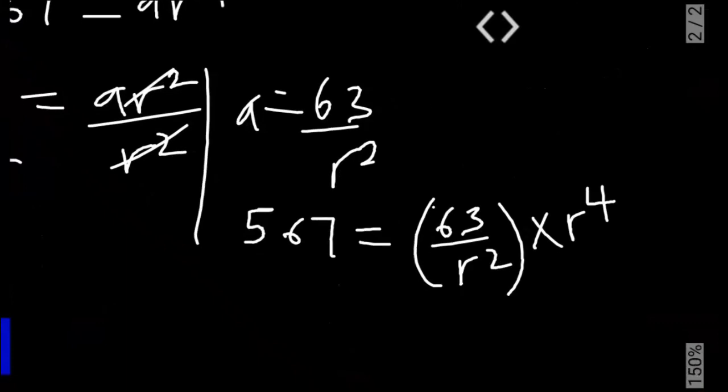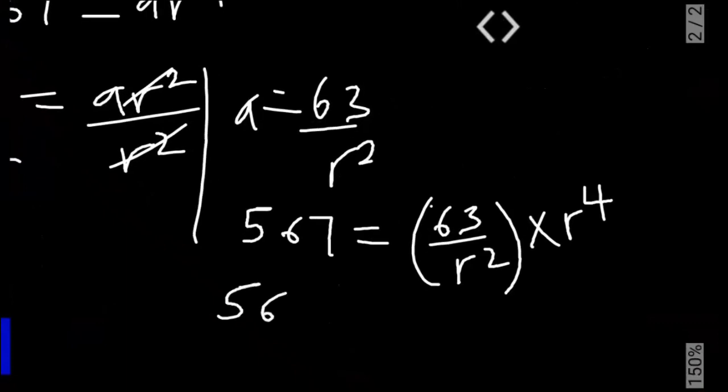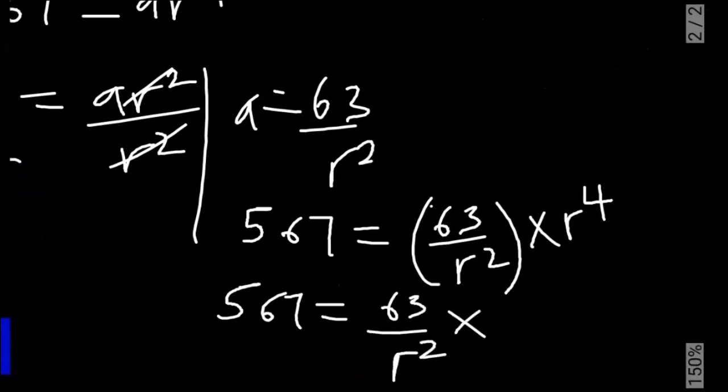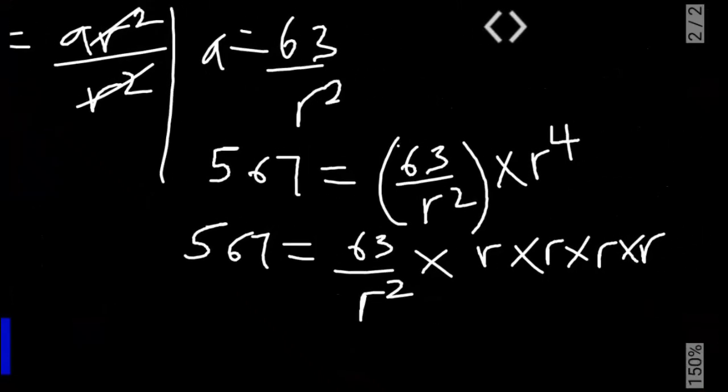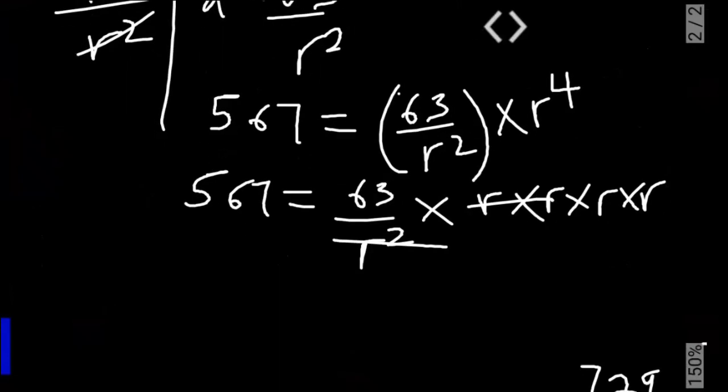The r squared cancels 2 of the r's. We have 567 is equal to 63 r squared.